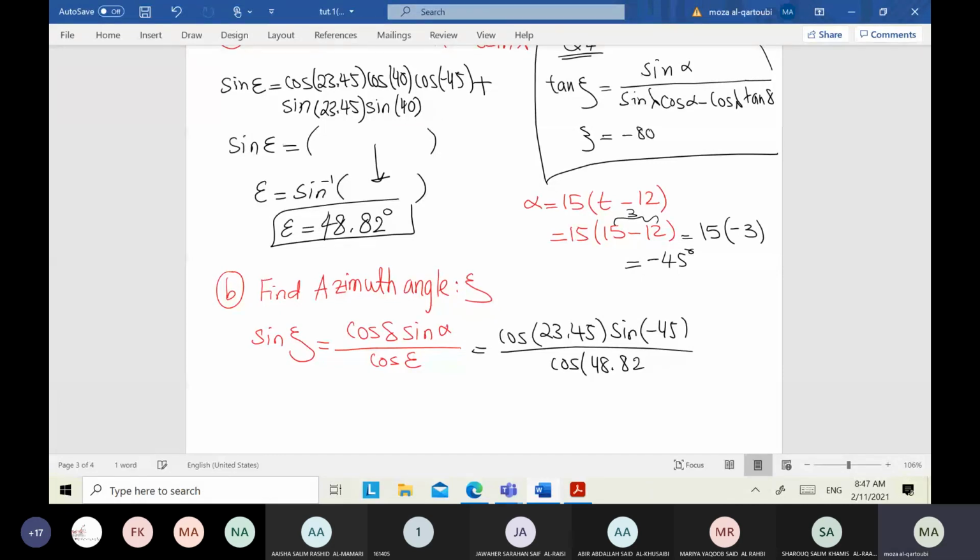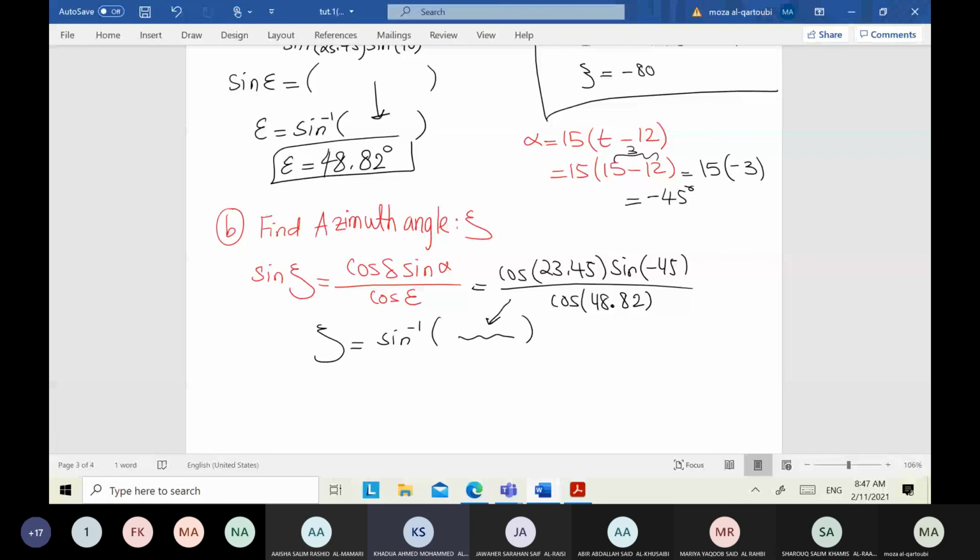So zeta is minus 80.14. Okay, so it equals the same value when using the two different rules.